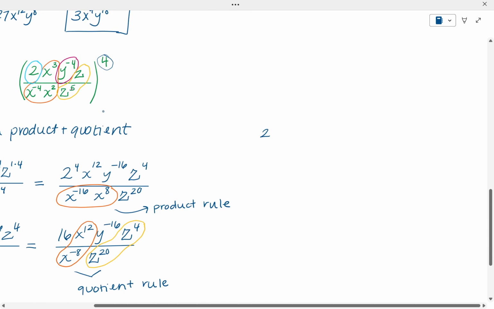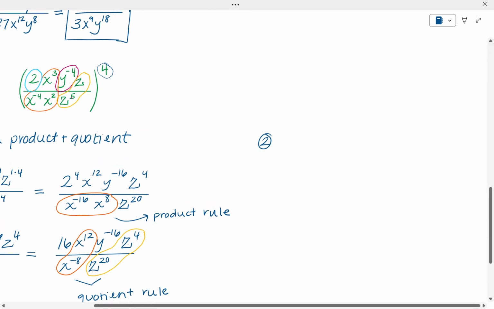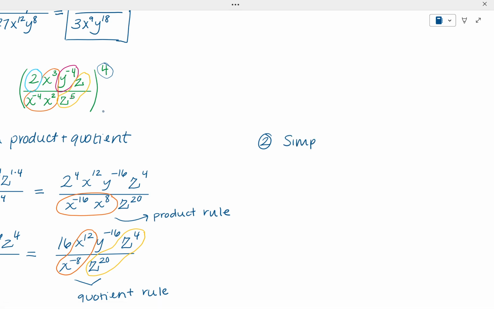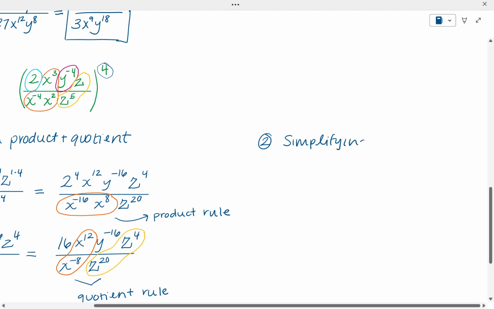So another way is reducing or simplifying the expression in parentheses first, and then using the power of a product and quotient rule.